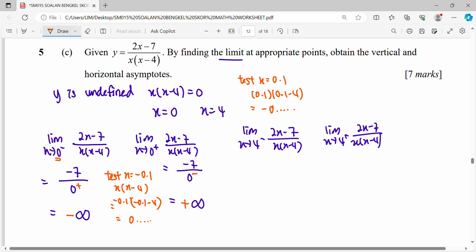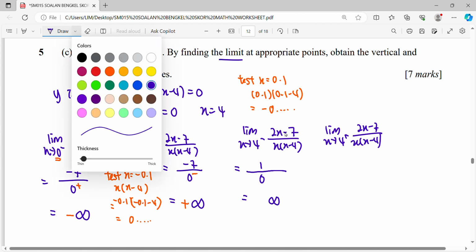Alright. Continue for value 4. Substitute 4, it will equal 1. Then substitute for 0, 1 over 0, infinity.